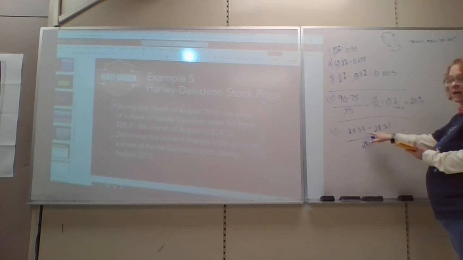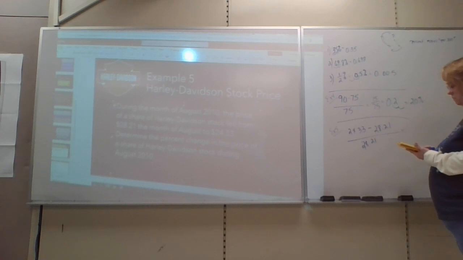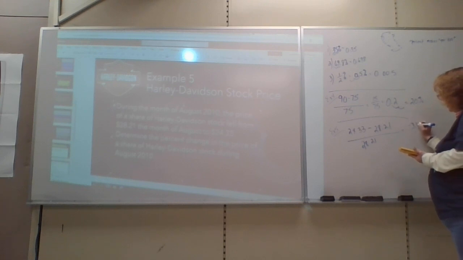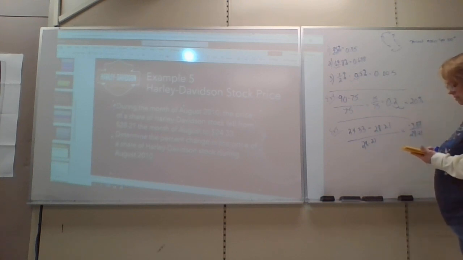We know this is going to be a negative number because obviously it fell. So it's 24.33 minus 28.21, and I got negative 3.88, all over 28.21.